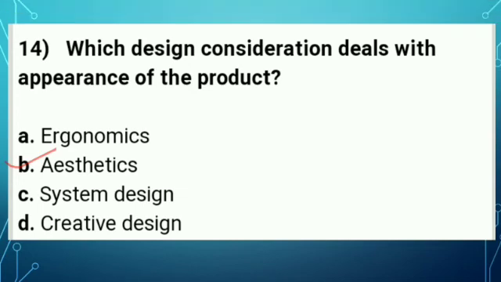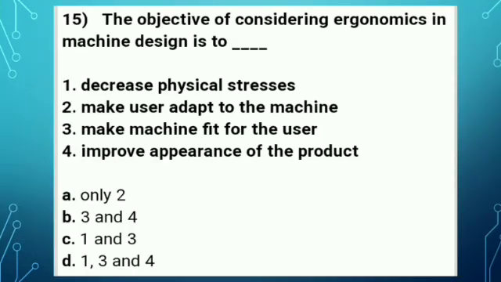Next, question number 15. The objective of considering ergonomics in machine design is to. These are the options: decrease physical stress, make the user adapt to the machine, make the machine fit for the user, improve the appearance of the product.